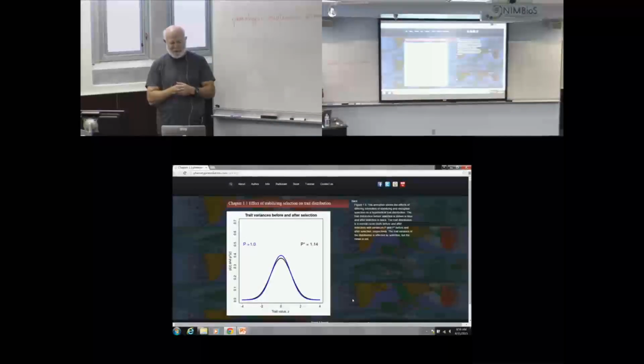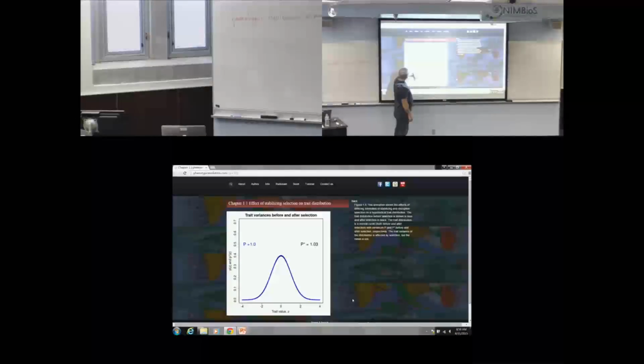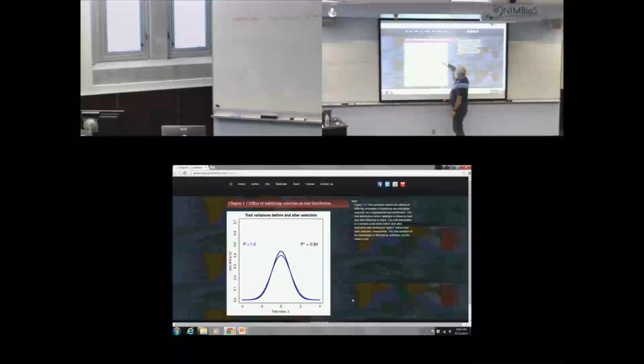Okay, so what we're doing here is a very simple animation. I'm showing in blue a Gaussian distribution that has a standard deviation of 1. Here's the scale, mean of 0. And then I'm showing you what different values of P star look like. Because of our standardization, we can say that at this instant there was a 6% increase in the trait variance.